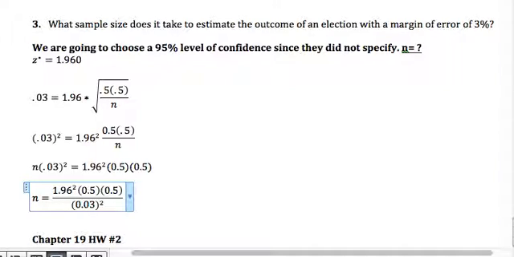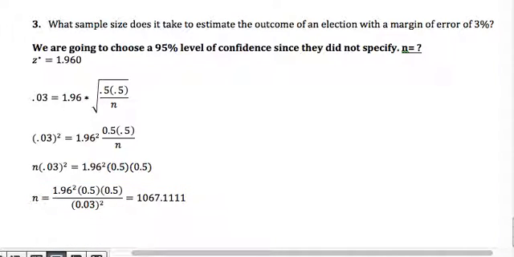No, stay big. What'd you guys get? 1067 point something. So what are we going to say?